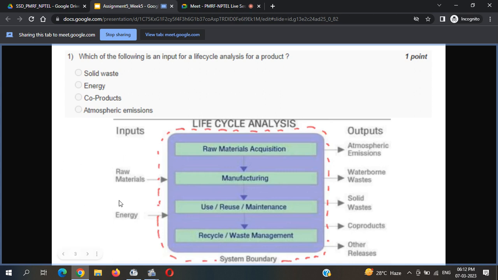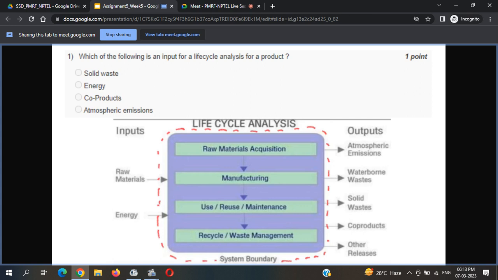So these are the raw materials which you need for the product life or throughout the life cycle of any product. Apart from that, energy can be considered one raw material also, but if you consider physical raw material separately and the energy required in producing any product or any material, if you consider energy separately, then you can consider energy as another input.